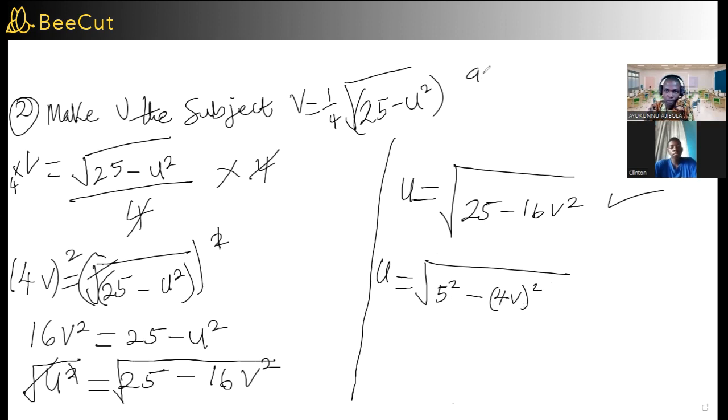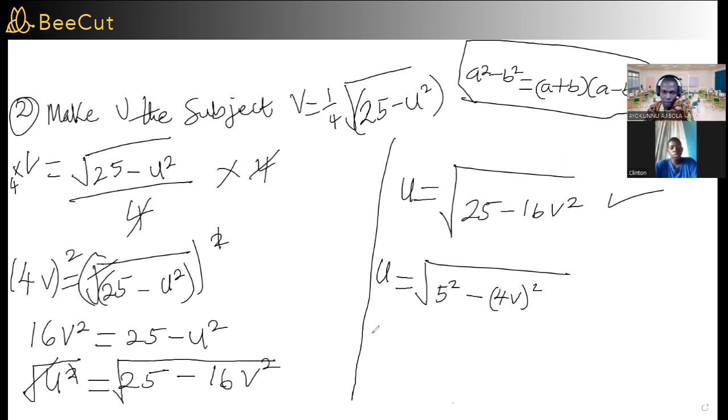So whenever you have something like a squared minus b squared, you can write it as a plus b into a minus b. Take note of this. Okay? So the first plus the second into the first minus the second.